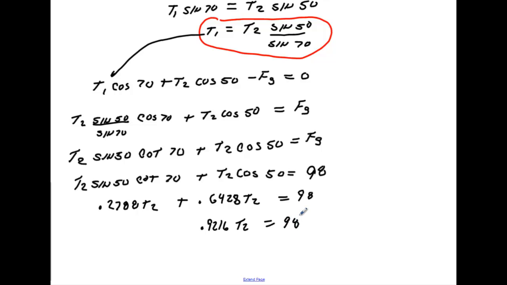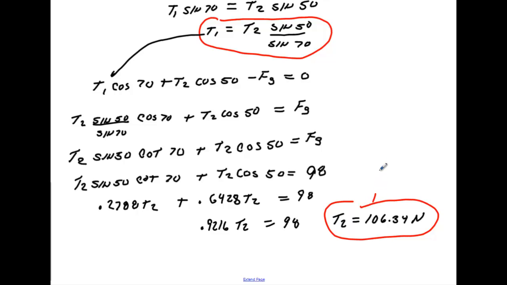We divide 98 by that value. That gives the value of 106. So T2 is equal to 106.34 newtons. We have that value solved. Now all we have to do is take that and put it back into this right here.